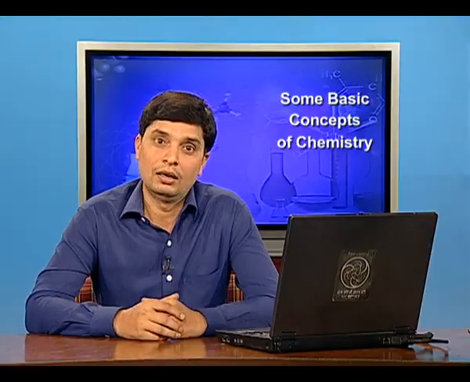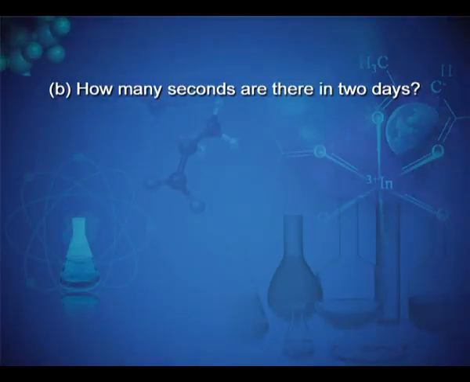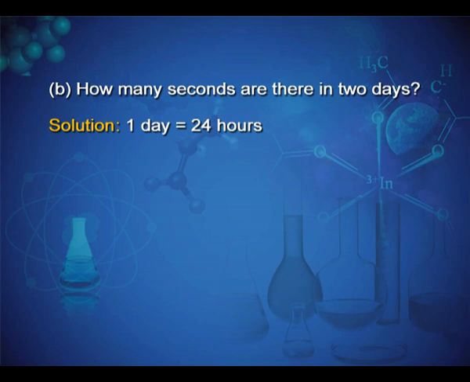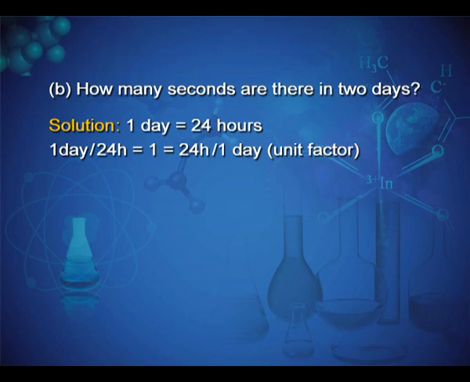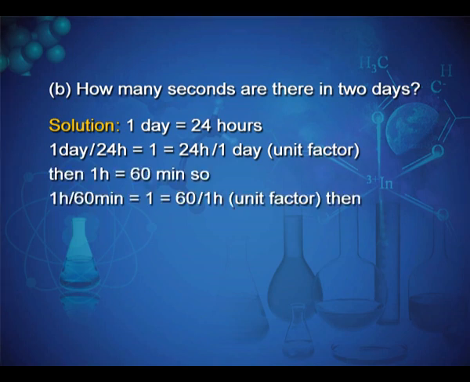Second example: how many seconds are there in 2 days? As we know, 1 day is equal to 24 hours. So 1 day is equal to 24 hours is one factor, and 24 hours by 1 day is a unit factor. Then 1 hour is equal to 60 minutes, so 1 hour by 60 minutes is again a unit factor.